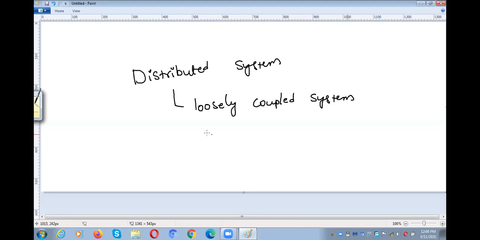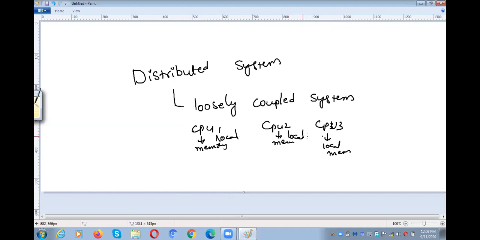Loosely coupled means every processor has a local memory. For every CPU, there is a memory. CPU 1 has its own memory, CPU 2 has its own memory, CPU 3 has its own local memory, and so on, CPU n has its own local memory.